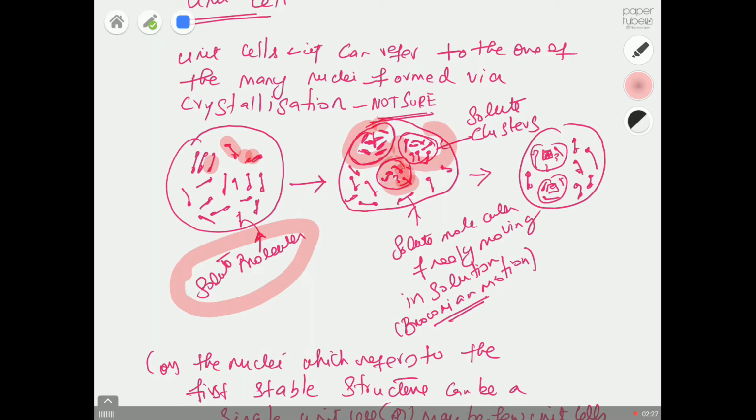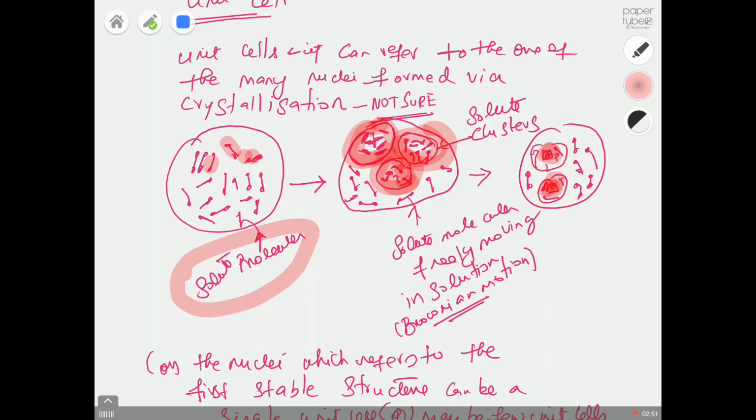Just follow the highlighter, and eventually you will form some stable crystals out of there. I already called these parts solute clusters, and from the solute clusters you might get some stable crystal nuclei. So that's the whole idea.